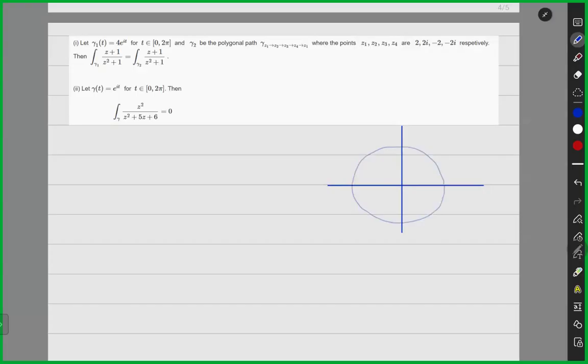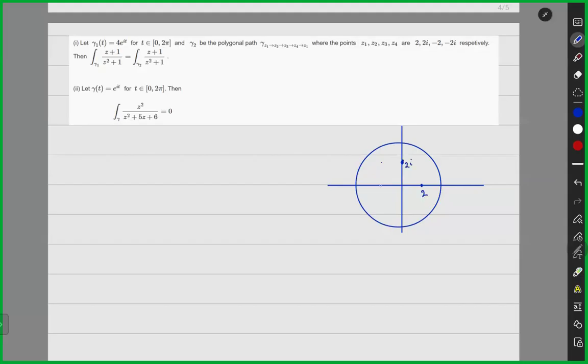and gamma 2 is a polygonal path from 2 to 2i this way, and 2i to minus 2. Sorry, 2i is not here; 2i is here somewhere.